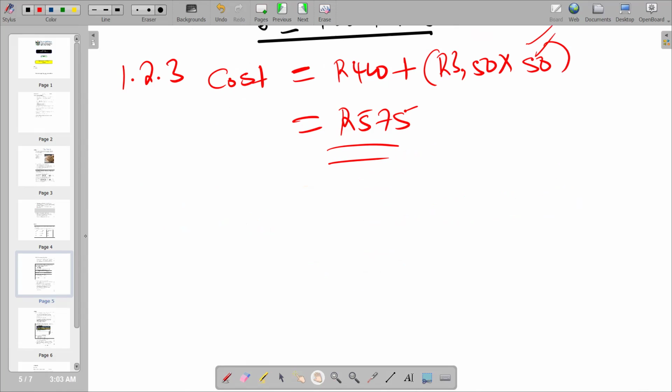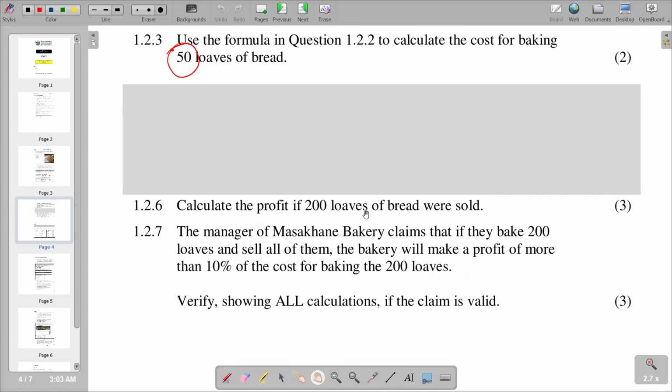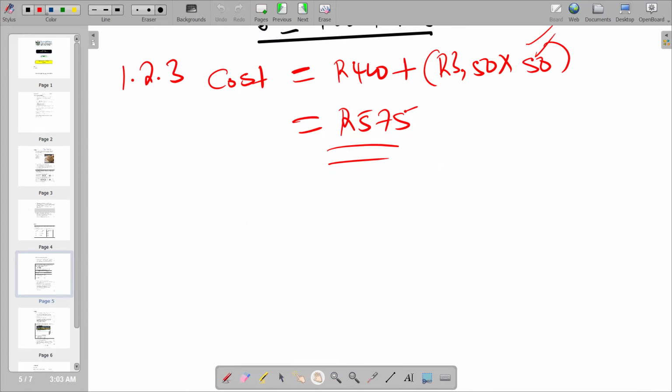And then we can move on to the next part, which reads, calculate the profit if 200 loaves of bread were sold. If 200 loaves of bread were sold, so we need to say the income. Remember, to get the income, this is now 1.6 according to our numbering here.